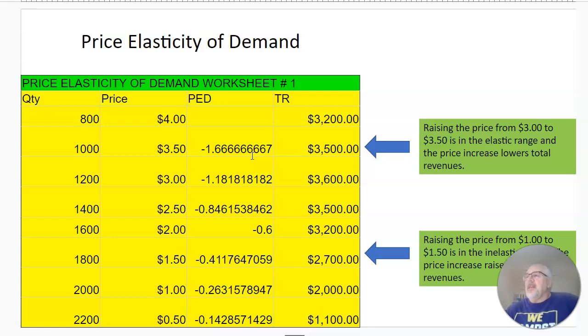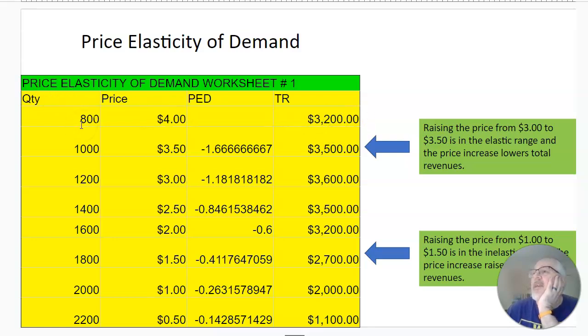And the important thing you got to keep in mind here is that this number here is greater than 1. So 1.66, that means we are in the elastic range. So if we're in the elastic range, lowering the price should increase total revenues. And we can verify this by looking at total revenue here.